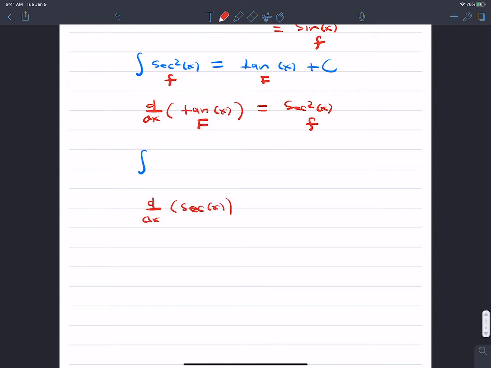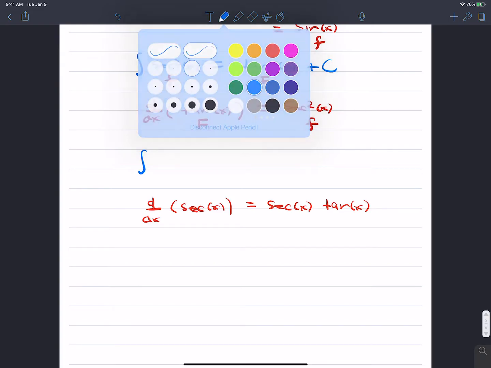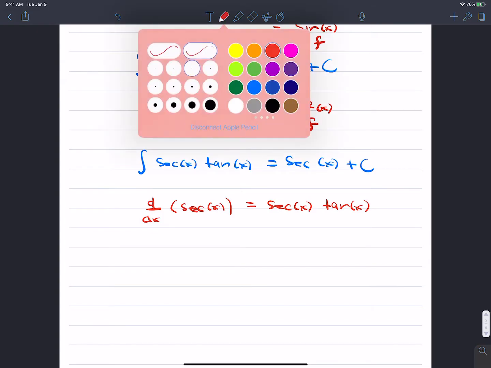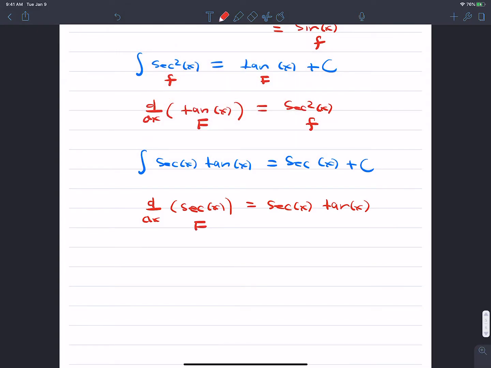Secant, is that right? What's the derivative of secant? Secant tangent. So what that means is I can integrate secant tangent, and it's going to be simply what? Secant plus c. Because antiderivative function, that goes right here. This is the function they gave us. This satisfies the definition. So this is what we get with secant.